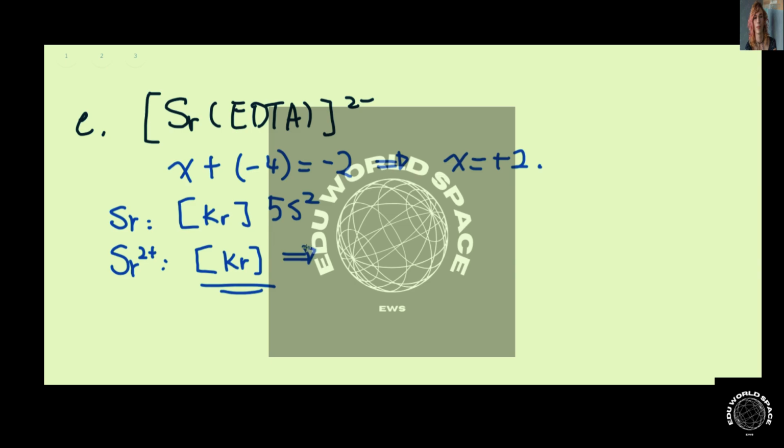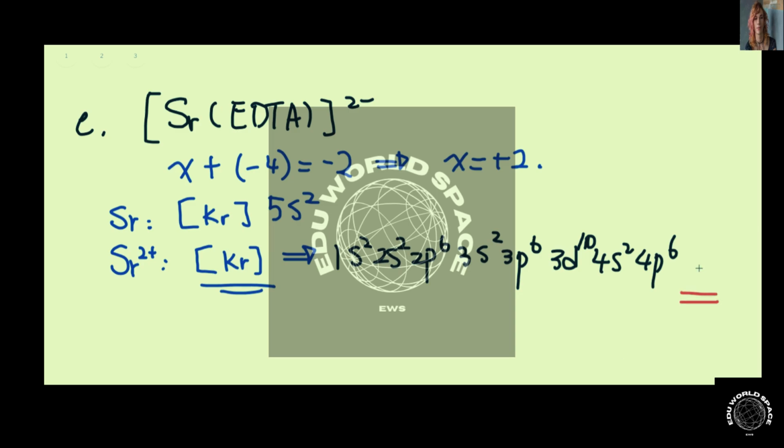And for the electron configuration of this part, the complete electron configuration will be 1s2 2s2 2p6 3s2 3p6 3d10 4s2 4p6. So you can see the valence d orbital has 0 electrons. So the answer for this part is 0.